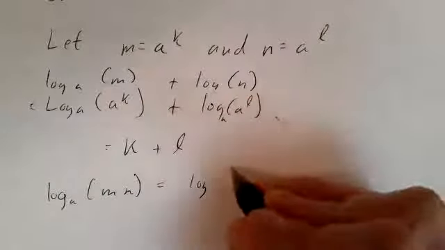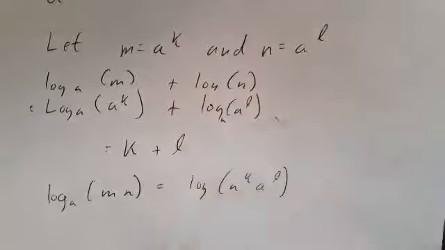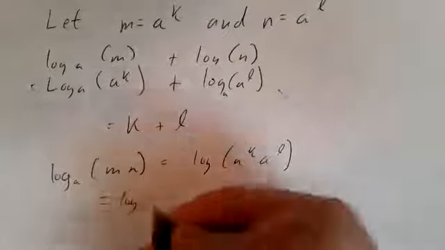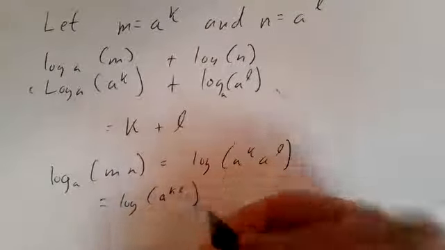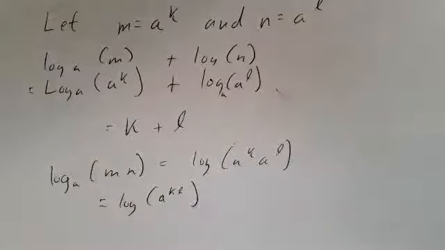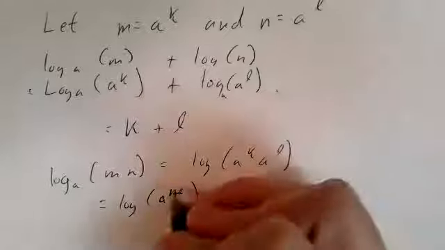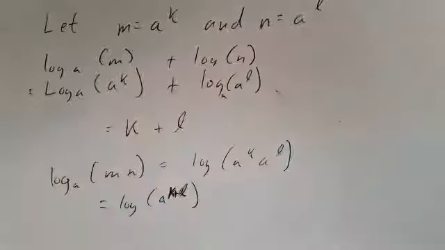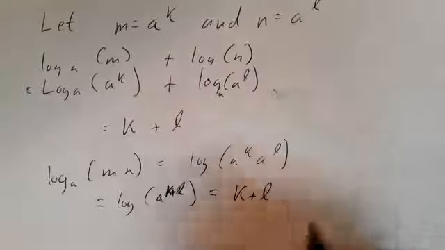Well, that's log base A of A to the K times A to the L. And we can use our exponent property here: A to the K plus L, adding the exponents if I'm multiplying the bases. And if I'm looking at this, this comes out as K plus L.